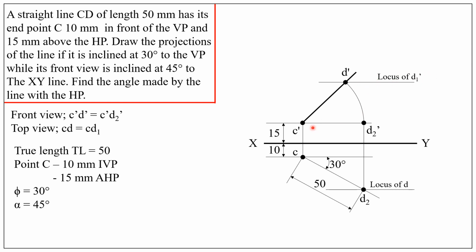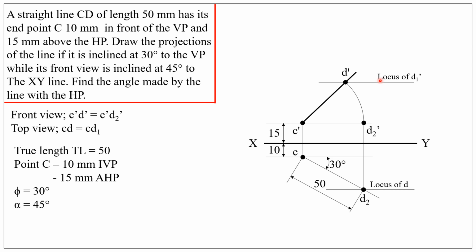C dash D1 dash represents the true length of the line in the front view, meaning C dash D1 dash is the front view assuming the line is parallel to VP and inclined to the horizontal plane.